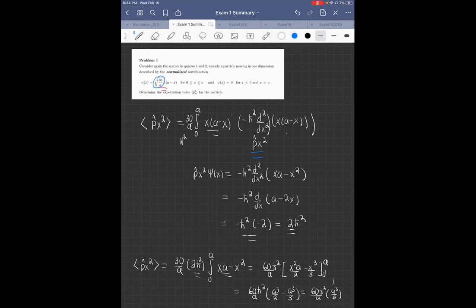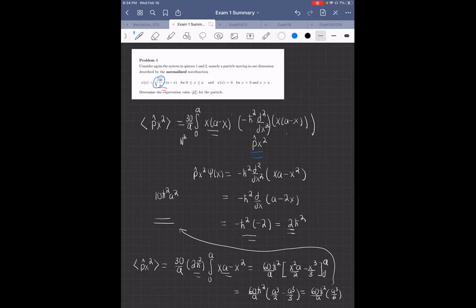And I'll put my answer over here, which is just 10 h bar squared times a squared. Yeah, that's the answer.